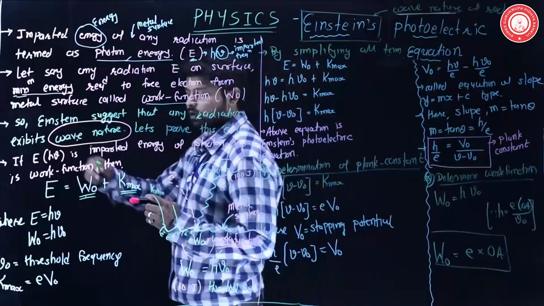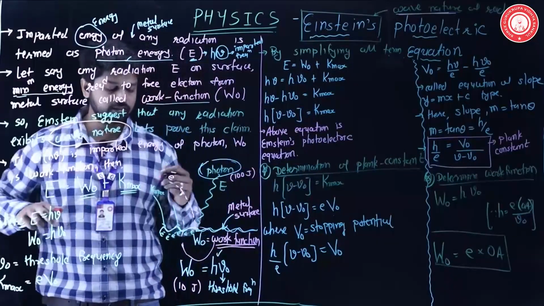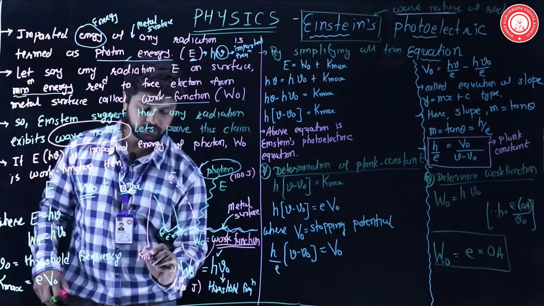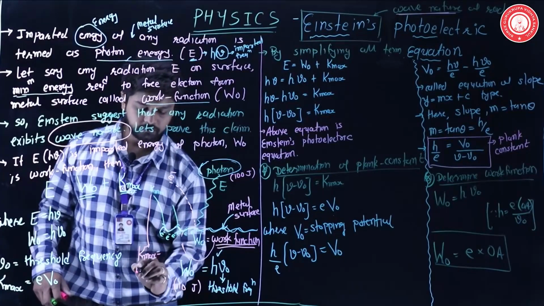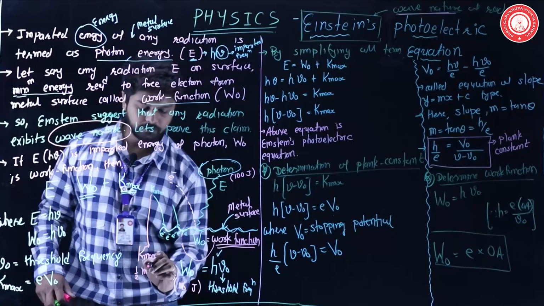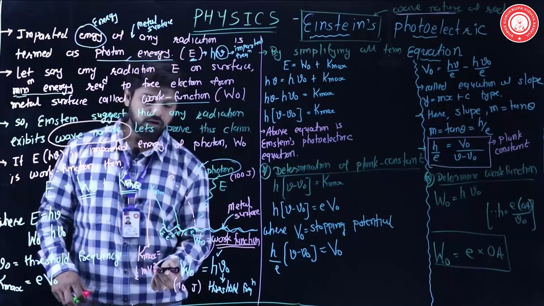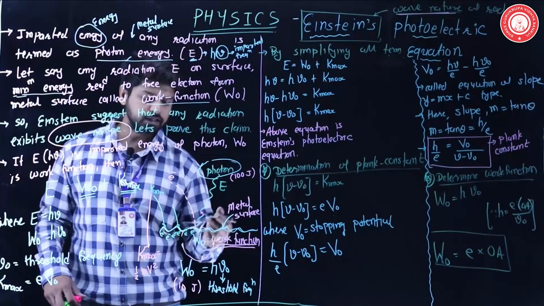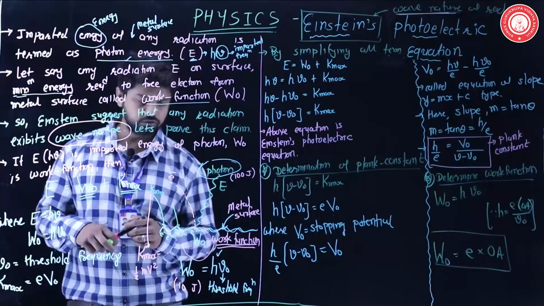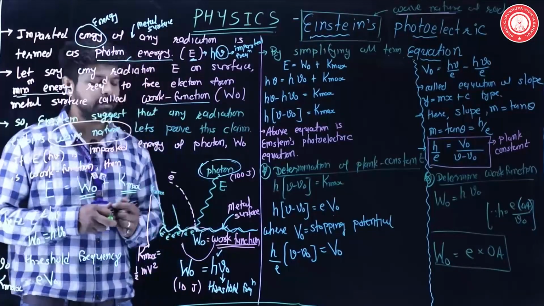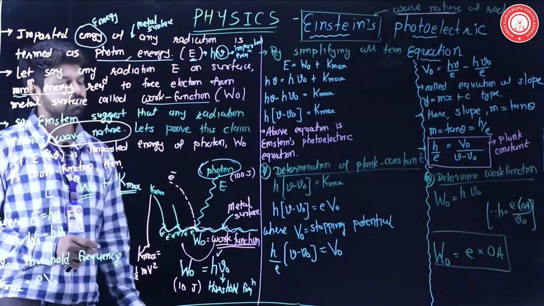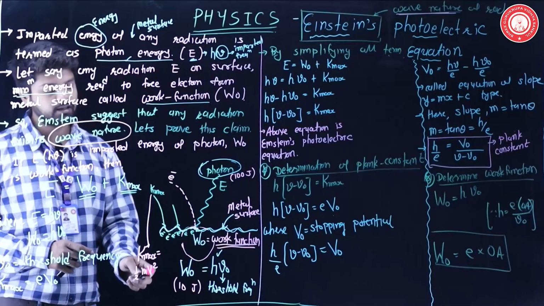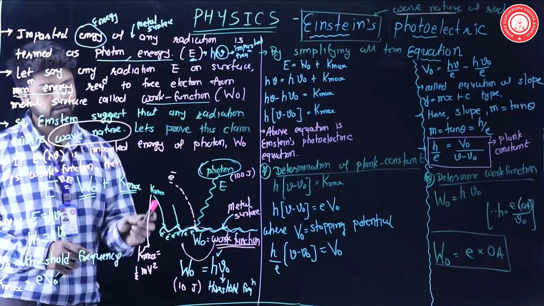The formula of Kmax is half mv square. If the rest of the energy, 90 joule as in our example, is converted into the velocity of each electron, the rest of the electrons will gain this energy Kmax.